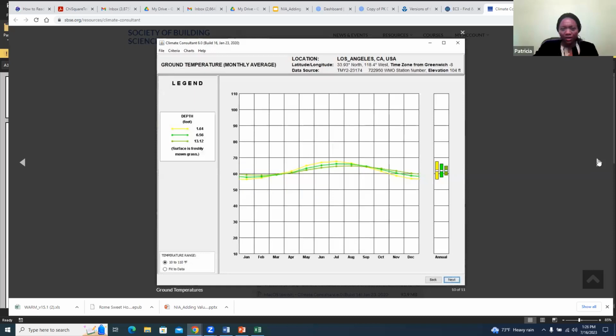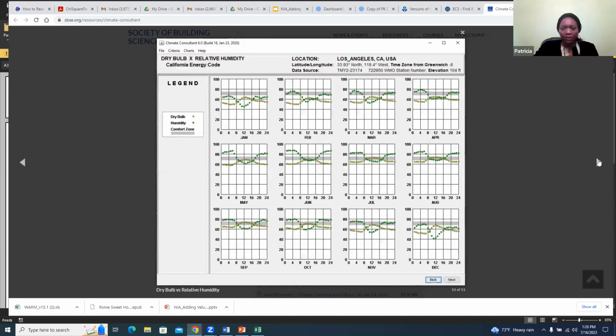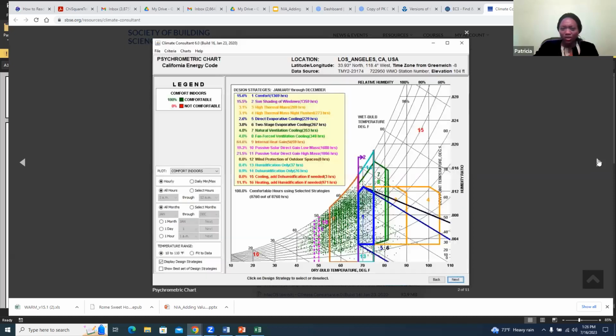So different things that will show you ground temperature, dry bulb and relative humidity. You have a wind wheel, you have the psychrometric charts, and it will also recommend design strategies for you to meet that thermal comfort. So in this blue here is the thermal, the accepted one. So to tell you the things that are making up the things that if you change, it will affect the thermal comfort.